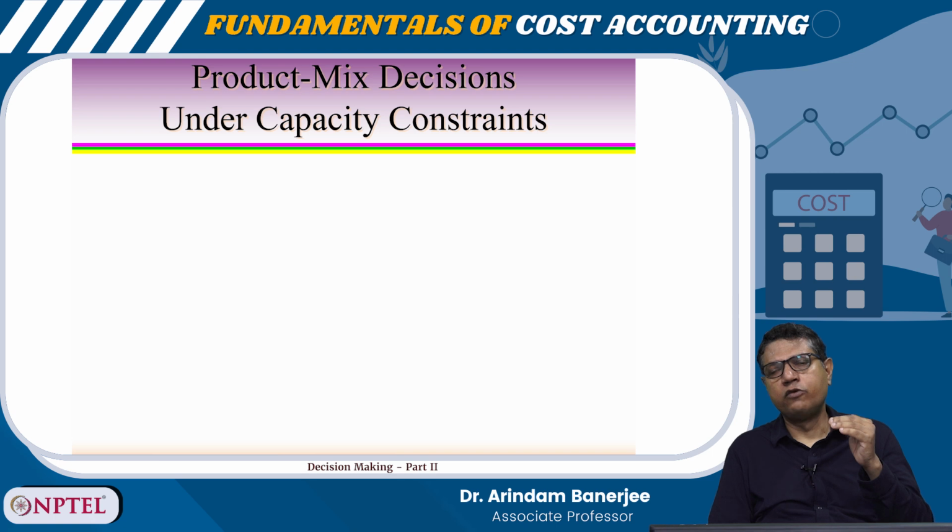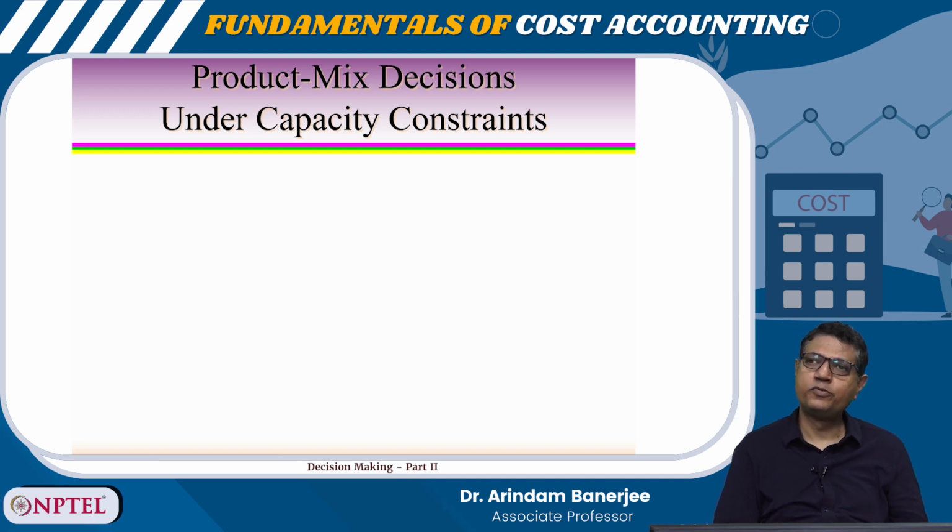So, out of these 3, which product should I produce? On what basis will I calculate? I will see which product is giving maximum contribution per unit. The product which gives me maximum contribution per unit, I should produce in the highest number, and that will increase my profitability also.